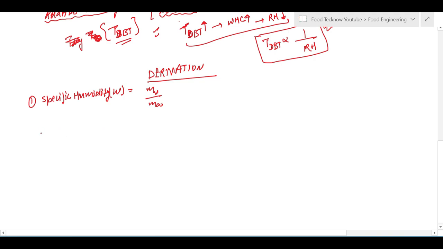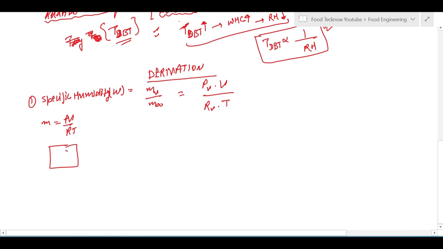And we also know the formula for the ideal gas, that is m equal to pV by RT. So we can write it in this form. So mv equals pv into V, where V is the total volume, divided by Rv into T, where T is the temperature of the chamber that we are considering here.